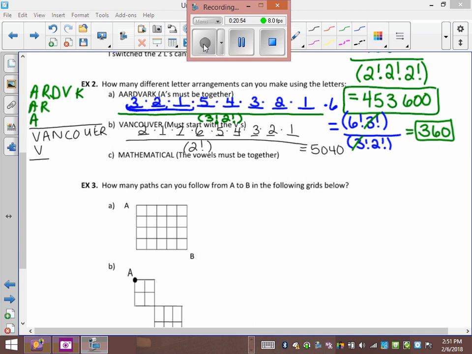Mathematical, vowels must be together. M-A-T-H-E-M-A-T-I-C-A-L. 1, 2, 3, 4, 5, 6, 7, 8, 9, 10, 11, 12. Wow.